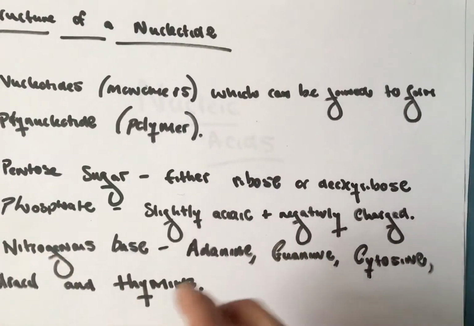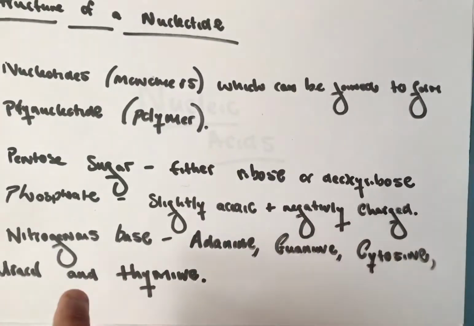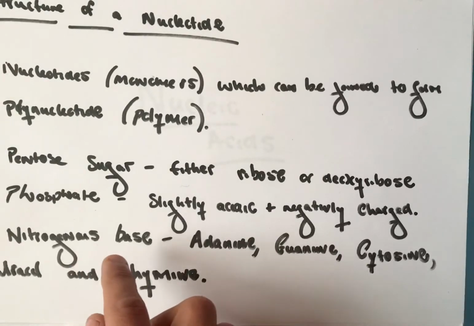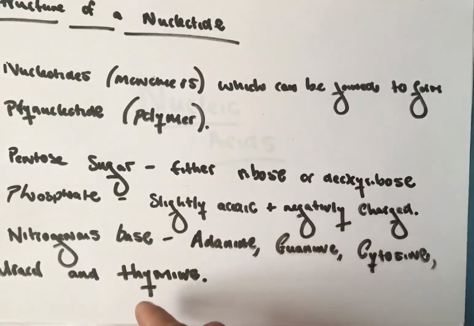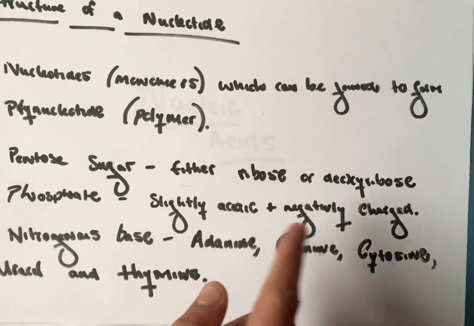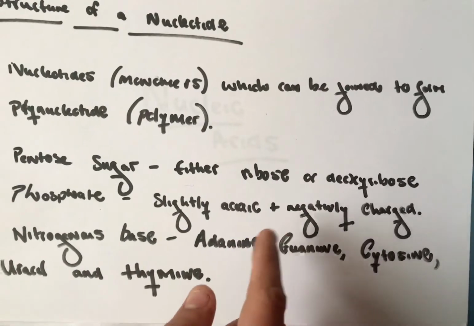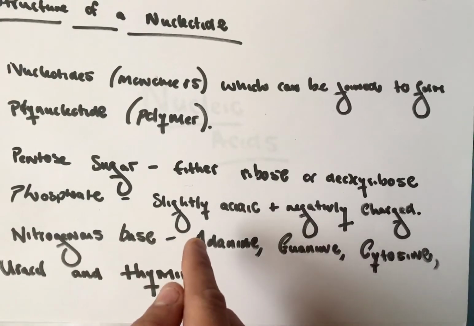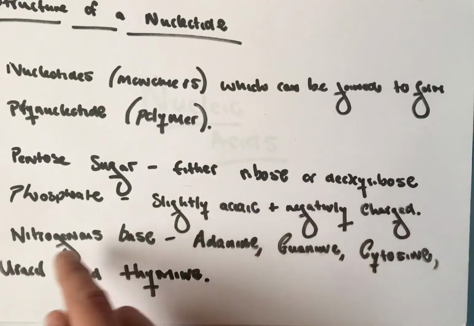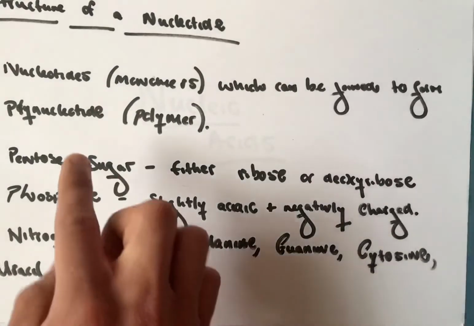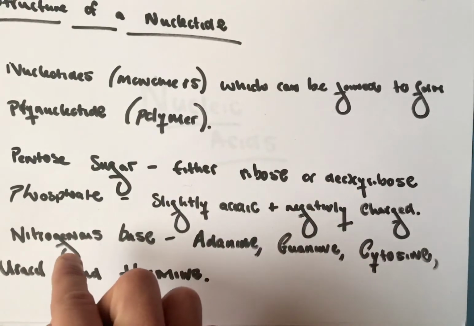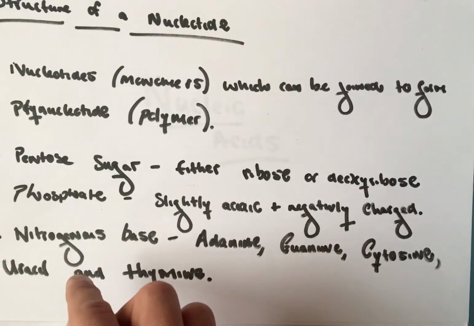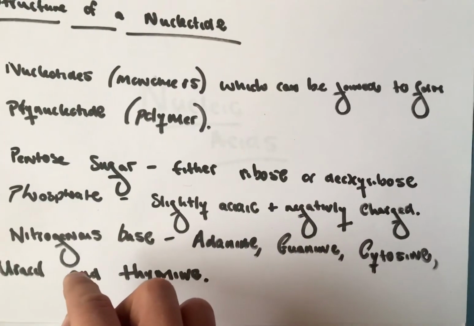And then you've also got a nitrogenous base, and obviously these bases are complementary, with adenine pairing with thymine, guanine pairing with cytosine in DNA, and then you've also got uracil, which pairs with adenine in RNA. So these are the three components of the nucleotide, and there are slightly different components for either DNA or RNA.